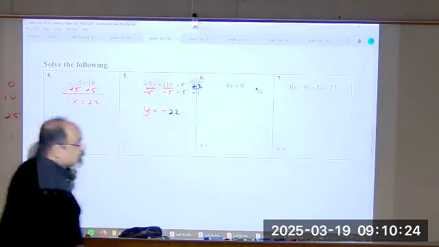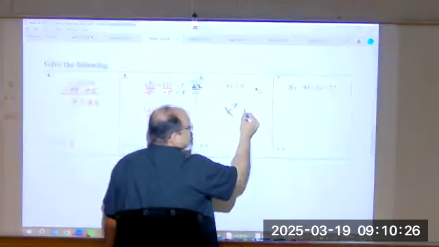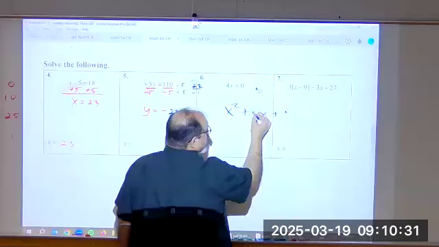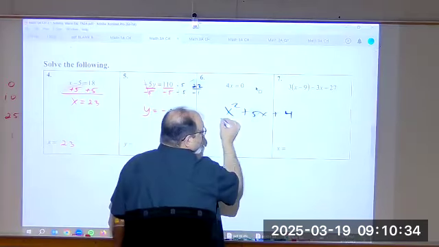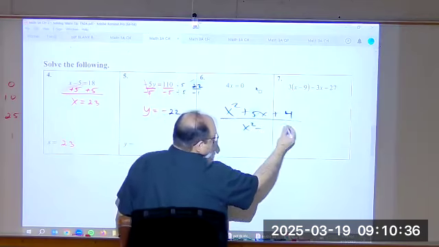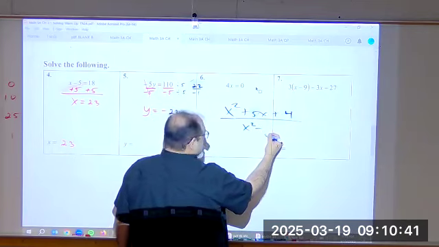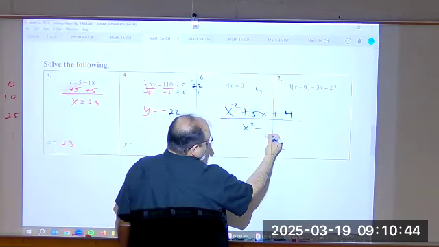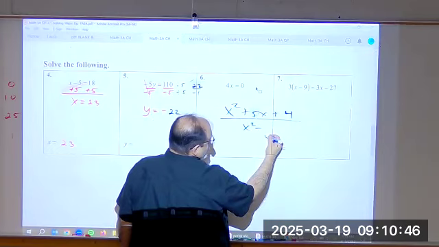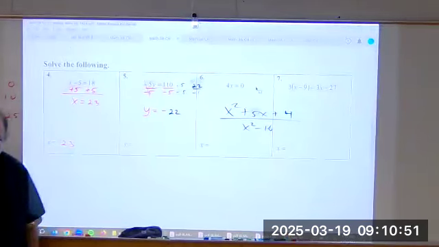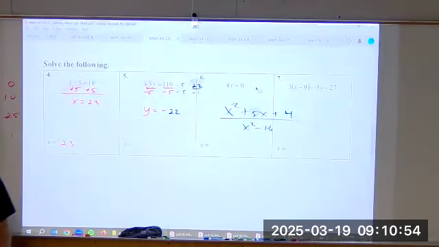Because you're going to have to reduce fractions that look like this. And the only way to reduce that fraction is factoring.